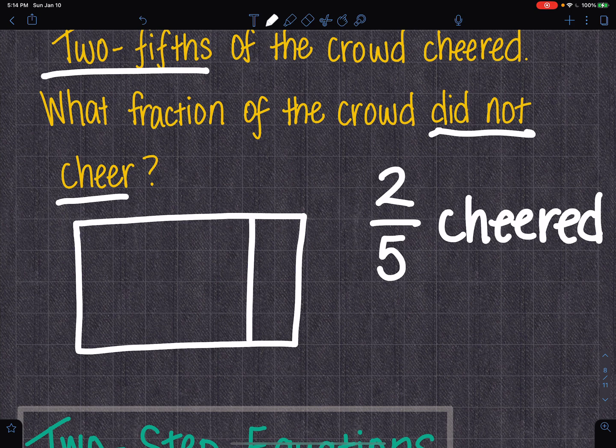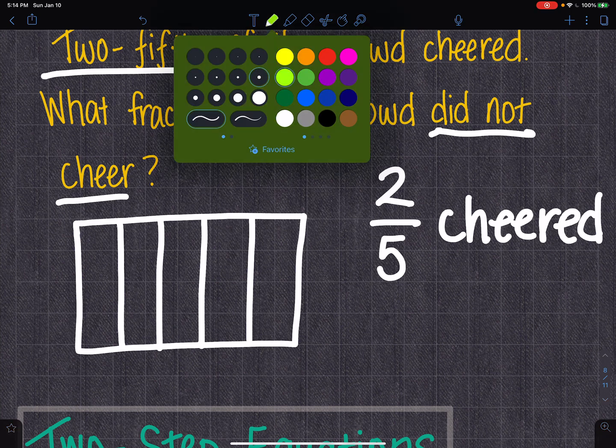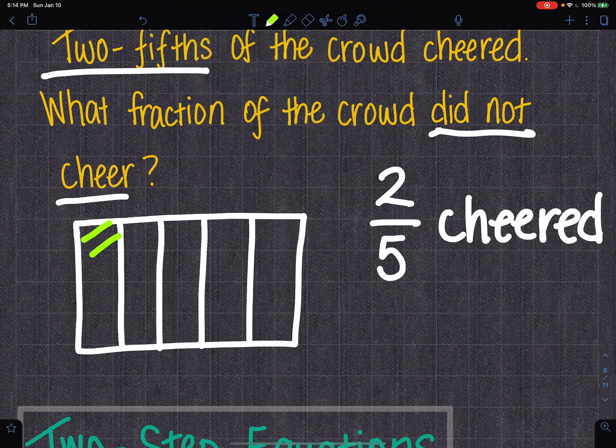So that's 1, 2, 3, 4, 5. So are there 5 parts? 1, 2, 3, 4, 5. Okay, so 2/5 cheered. So if I had to color that in, I would do it like this: this group cheered, this group cheered, okay. And then it wants to know how many did not cheer.